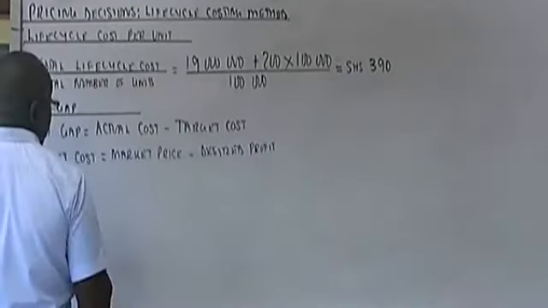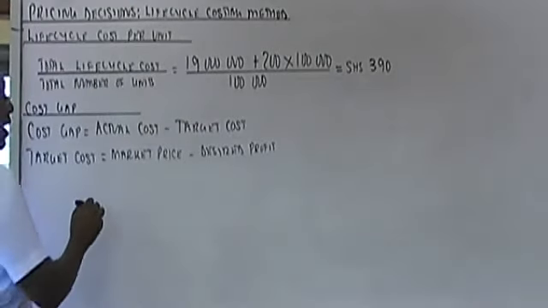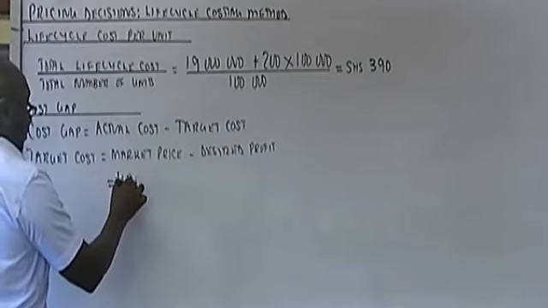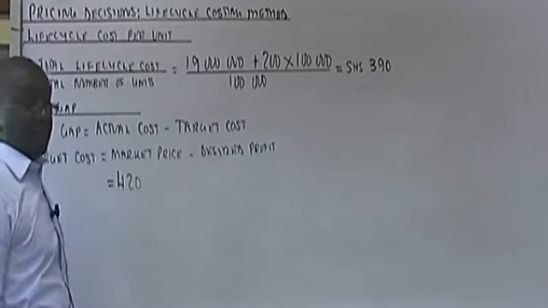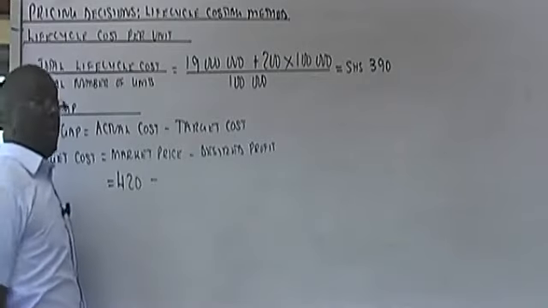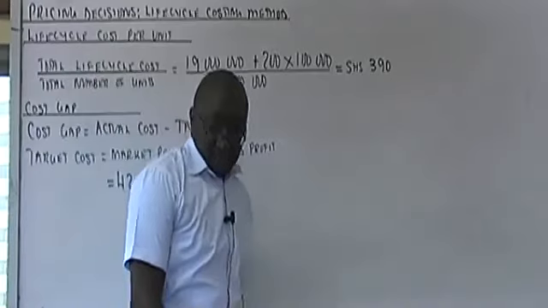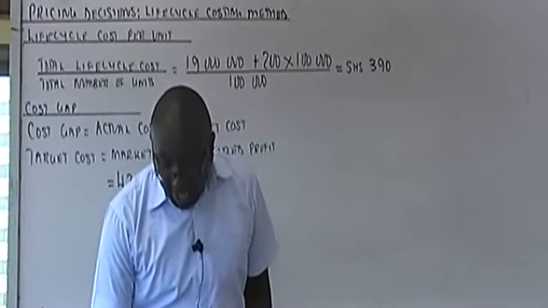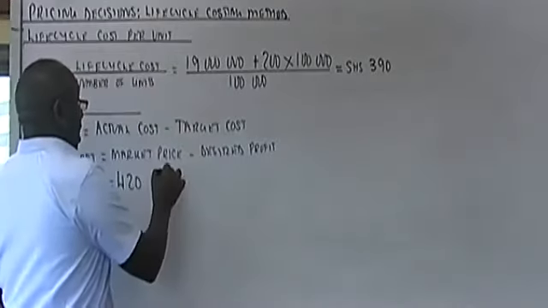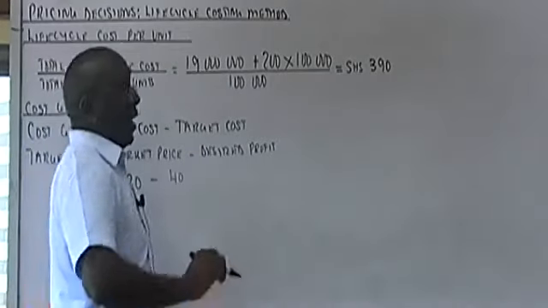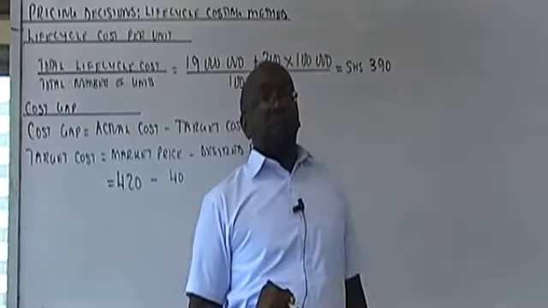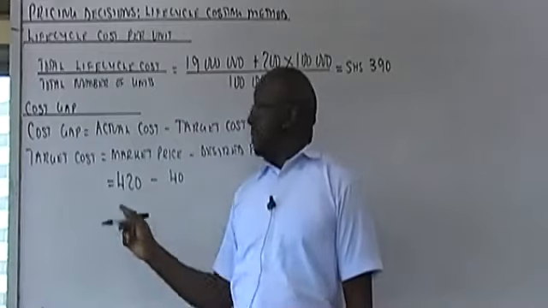So with that, we are already in the know that the market price of this product is 420. Then we are also further told that the markup is 40%. Now this markup is the relationship between profit and cost, and what we have here is the price.